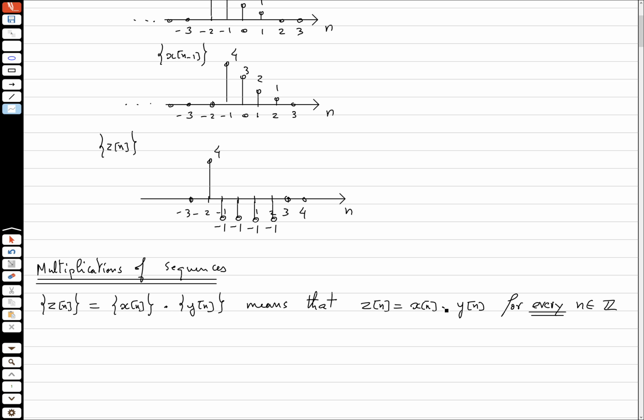So do you want an example? Let's see what kind of example.